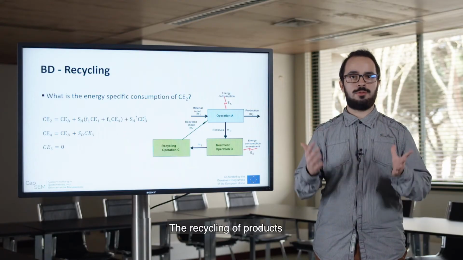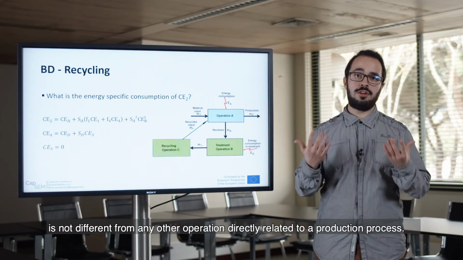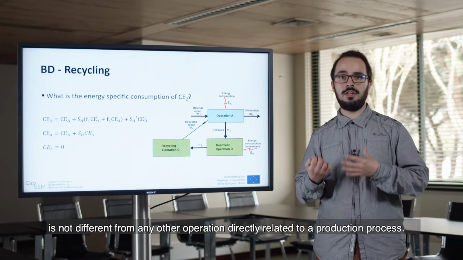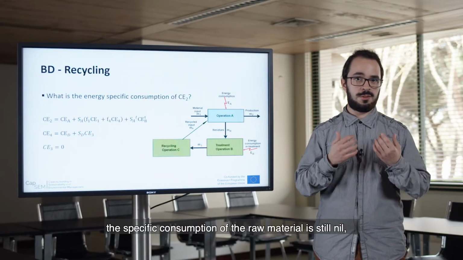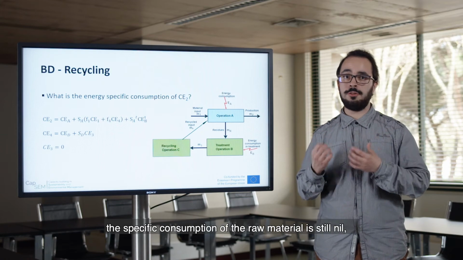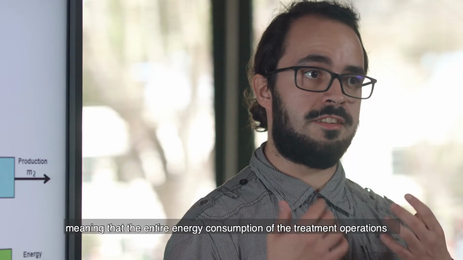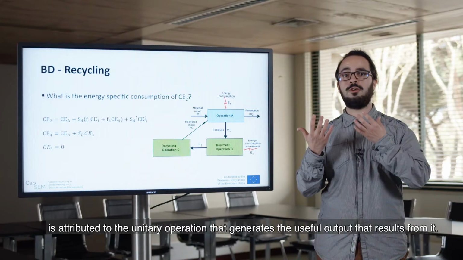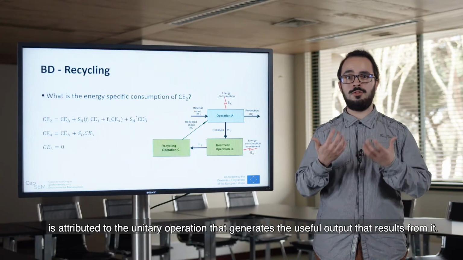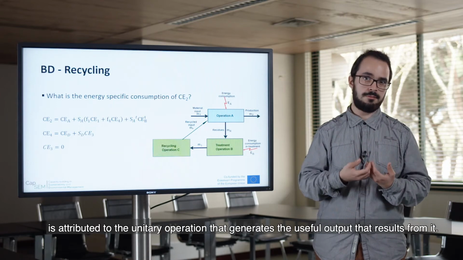The recycling of products is not different from any other operation directly related to the production process. The methodology presented assumes that in a subsystem of recycling, the specific consumption of a raw material is still nil, meaning that the entire energy consumption of the treatment operation is attributed to the unitary operation that generates the useful output that results from it.